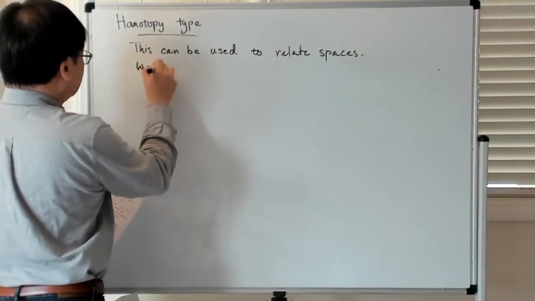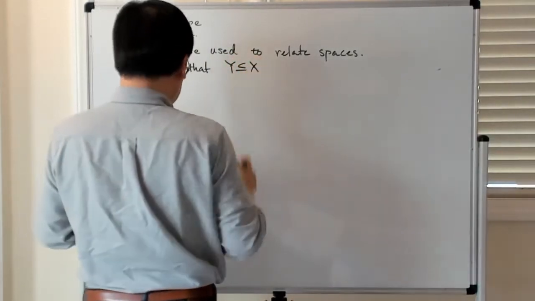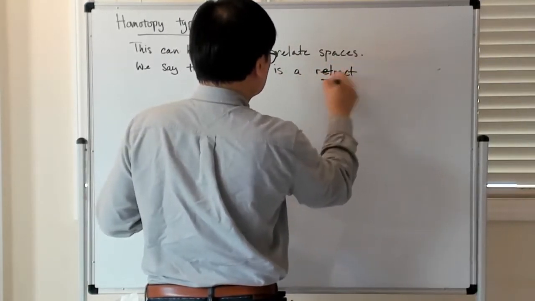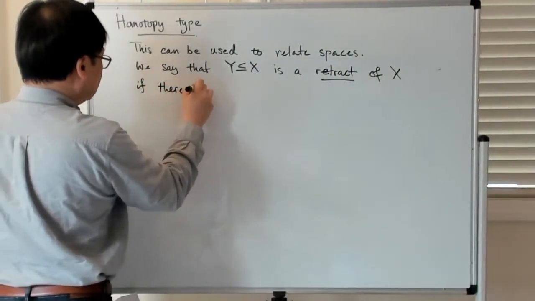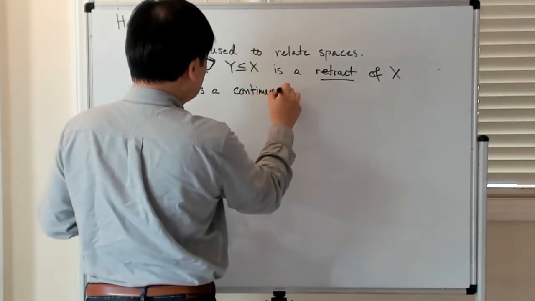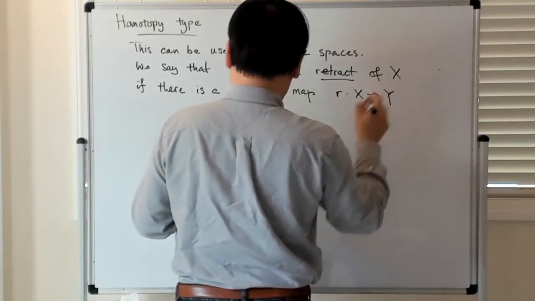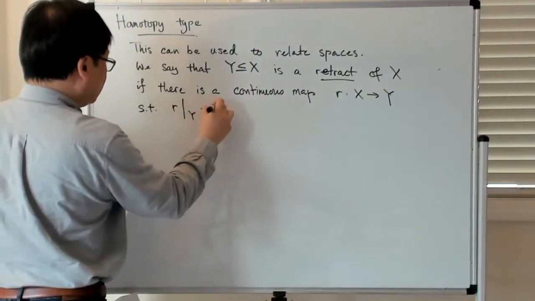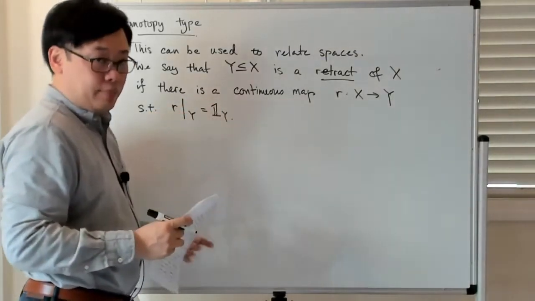So we say that Y, which is contained in X, is a retract of X if there is a continuous map R from X to Y such that R, when restricted to Y, is just the identity map on Y, and then we call that map a retraction.